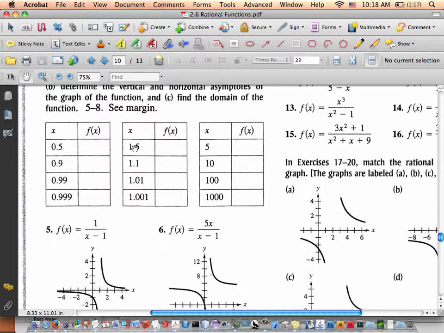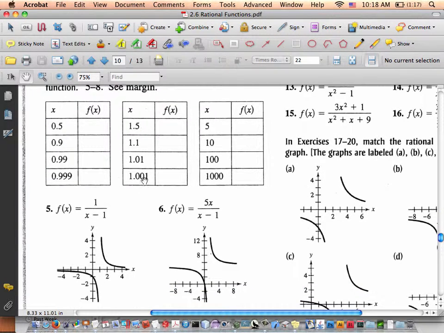From the right. And you're going to see the function explode to positive infinity as you do the calculations. And then what are we letting x approach here in this table? Infinity. And you're going to see the function get smaller and smaller, closer to 0 as you plug that in.